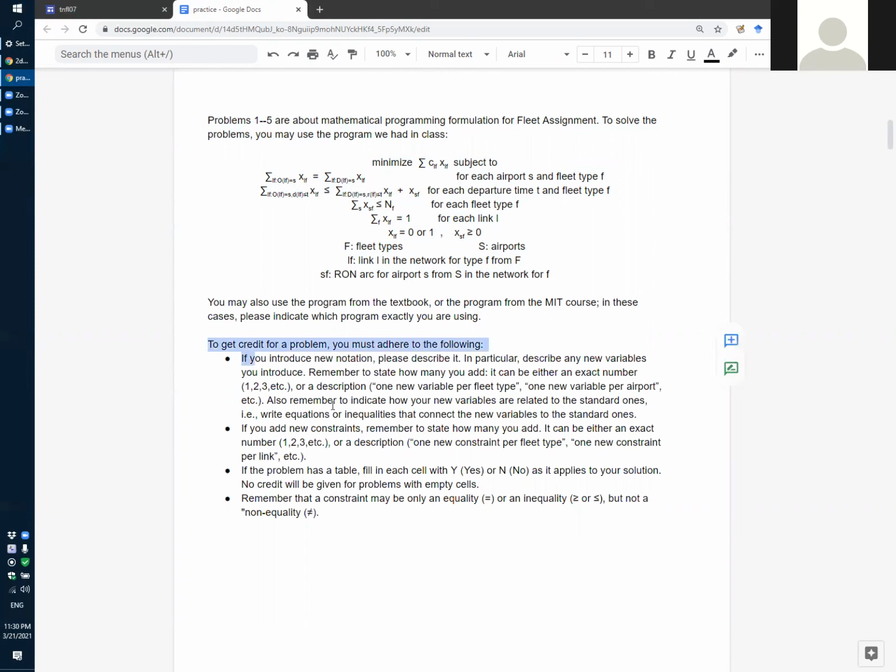In addition, there are some rules for how you should solve the problems. Again, these rules and this program will be with you also in homework 1, so hopefully you will know all of them and they will not catch you by surprise on the exam.